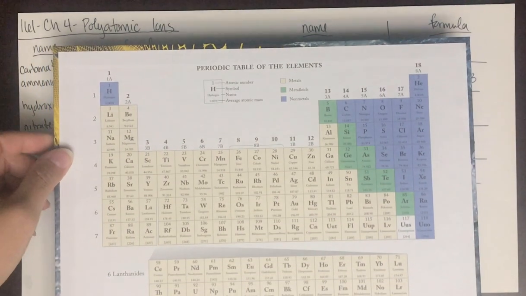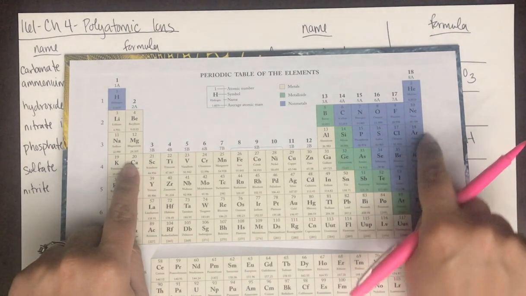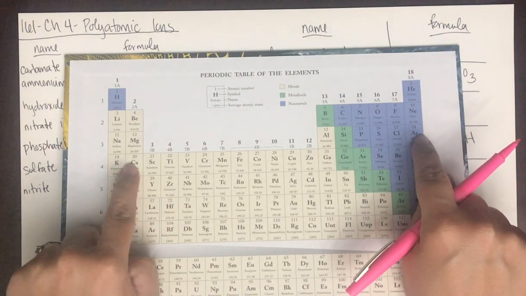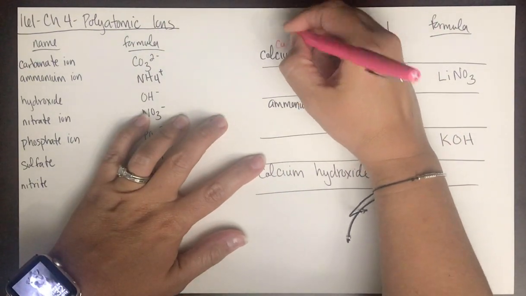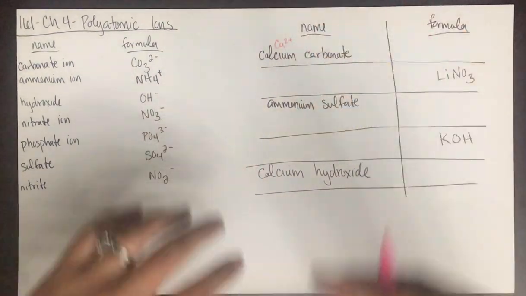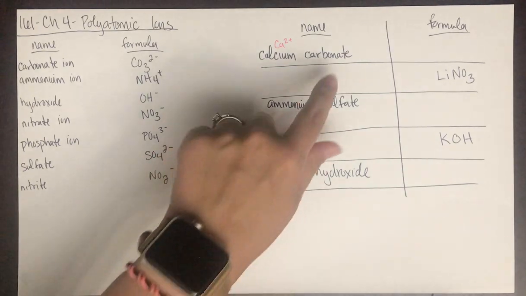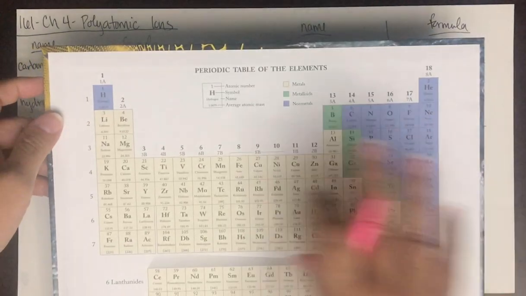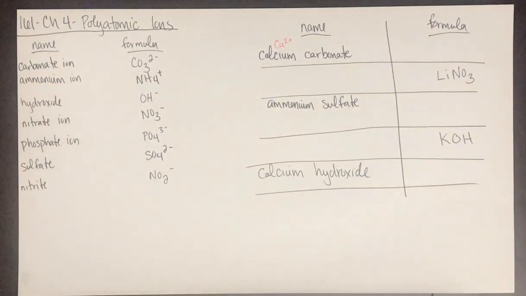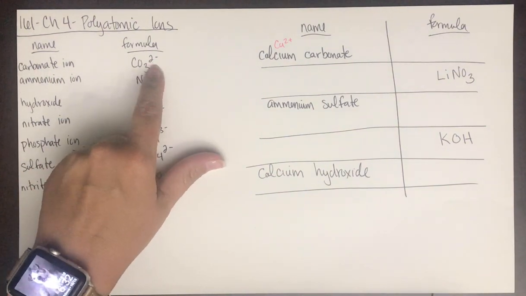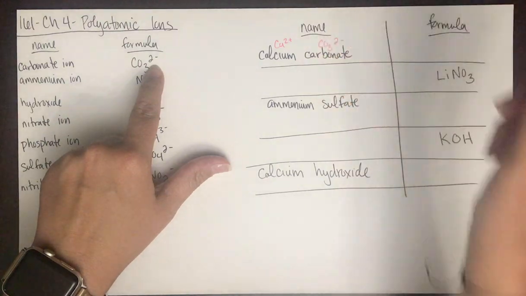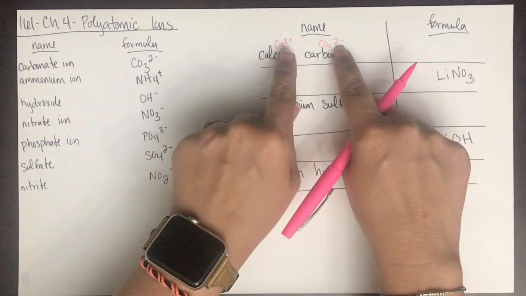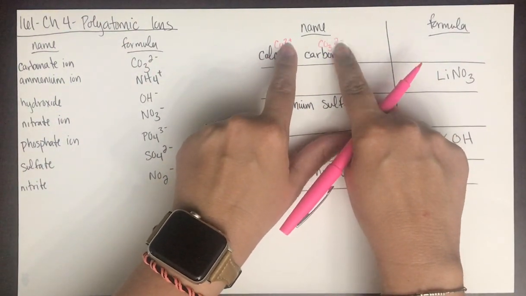So here's calcium right here. It's going to want to lose 2 electrons to be like its nearest noble gas. So calcium is Ca2+. Carbonate, there's no way for you to look on the periodic table and see what the charge of carbonate is. You just have to know it. Carbonate also has a charge of 2-. Carbonate is CO3 2-. So now these will give me a neutral charge, +2 and -2.